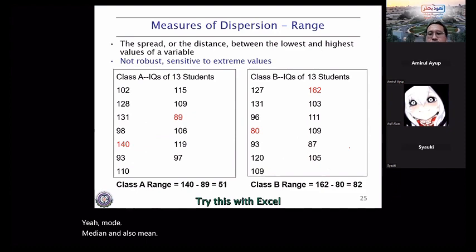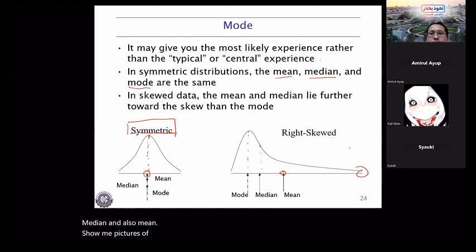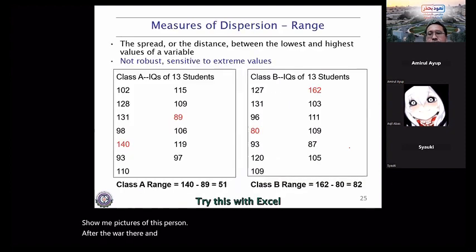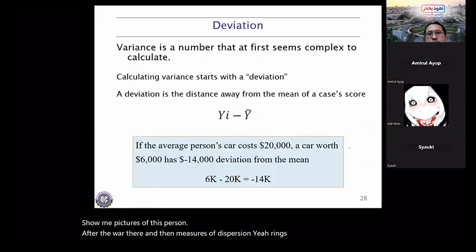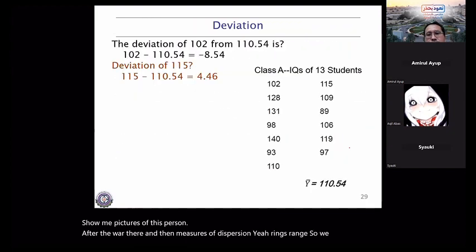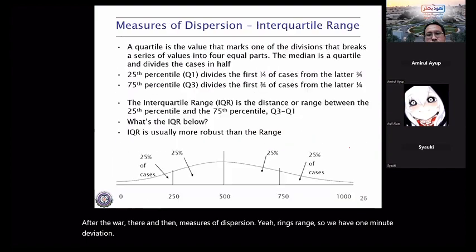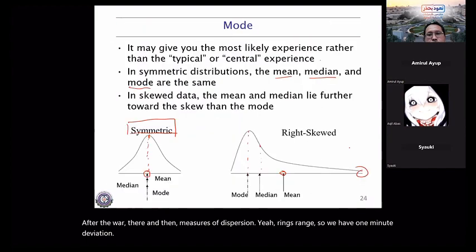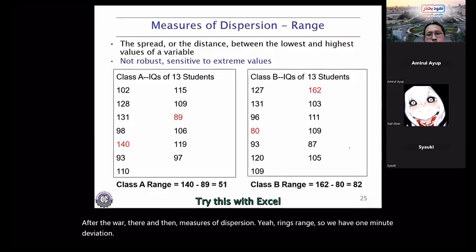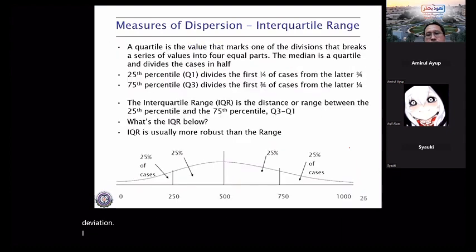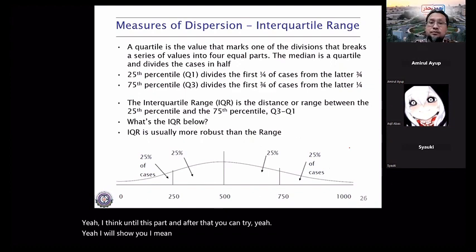So, measures of dispersion. After the mode, we have measures of dispersion: range, and then deviation. I think we go until this part, and after that you can try. I mean, you can use Excel to try for each.